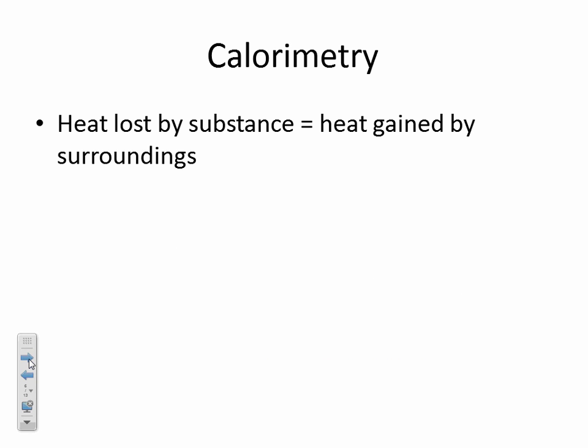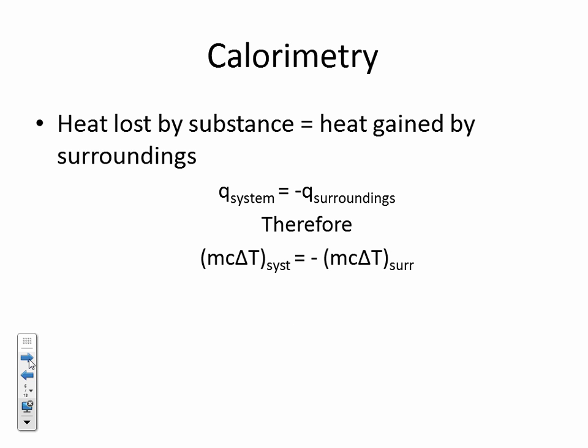So calorimetry is the use of this law of conservation, where heat lost by the system is gained by the surroundings. And that means, remember, the variable for heat is Q. And remember, to solve for Q, heat is equal to mcΔT: mass times specific heat capacity times change in temperature. So here we can say that the heat of the system, i.e. the mcΔT of the system, is equal to the opposite of the heat of the surroundings, the mcΔT of the surroundings.